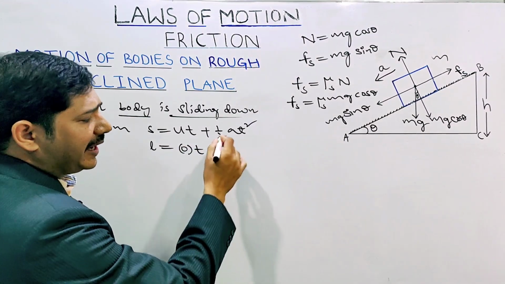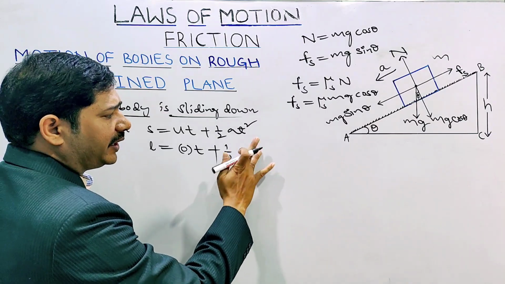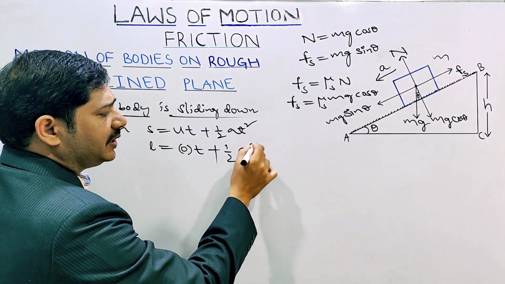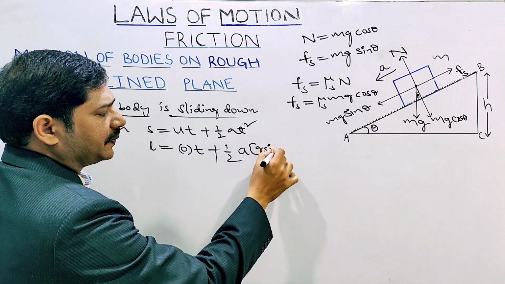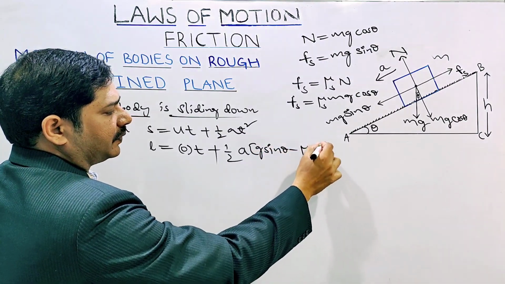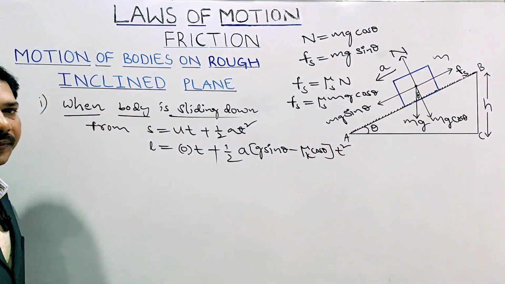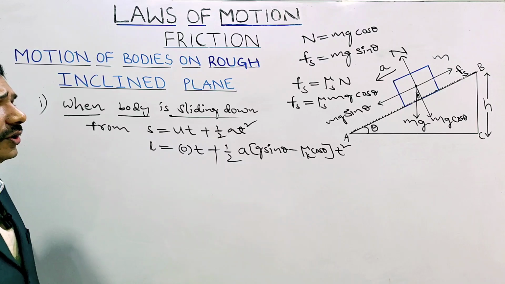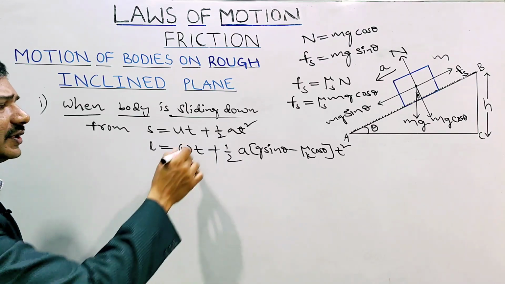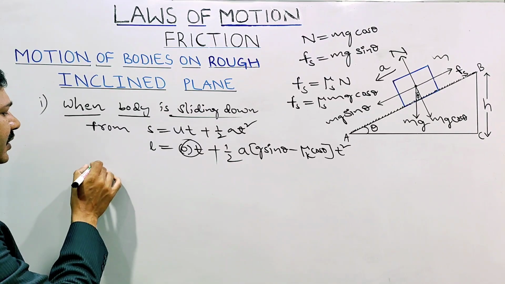And a is g sin theta minus mu k cos theta, into t square. So L equals half into g of sin theta minus mu k cos theta into t square.